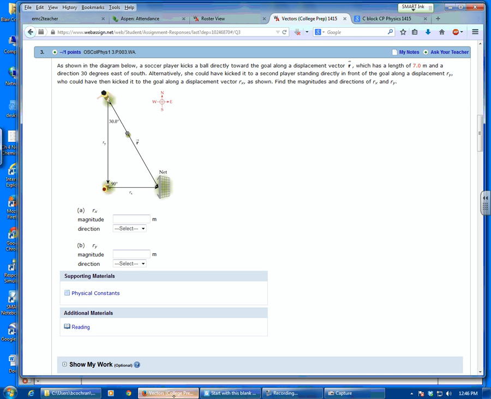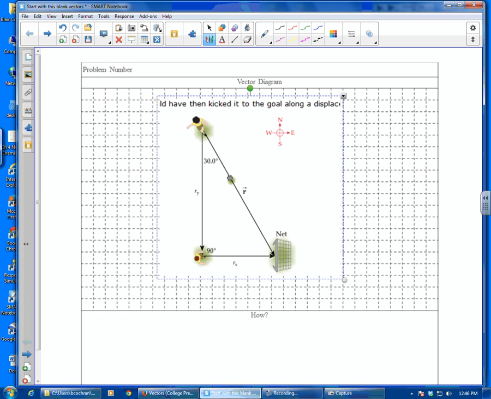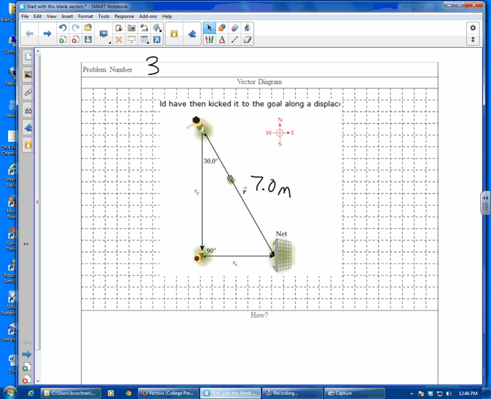All I need to know from here is that the length of my R vector is 7 meters. I think that's the value that's different for all of us. So this is problem number 3, and they tell me that this line is 7.0 meters long. So that would be the Y I was looking for, in the form of a vector diagram there.